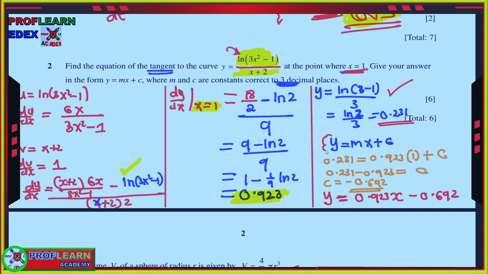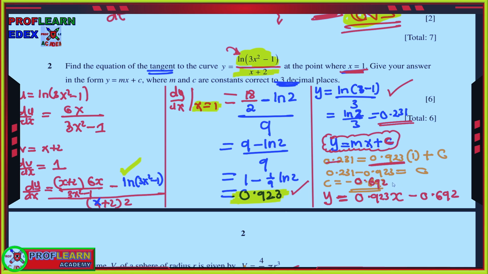Then you shall apply now the equation y equals mx plus c. C is the y-intercept. So our y is this, and our x is 1, and our gradient we had gotten it here. So our c became negative 0.692.